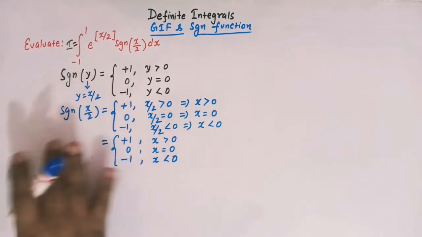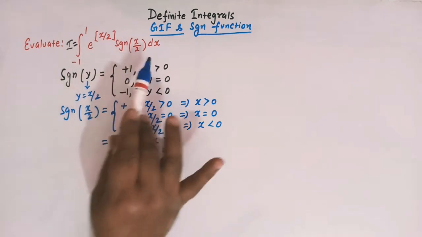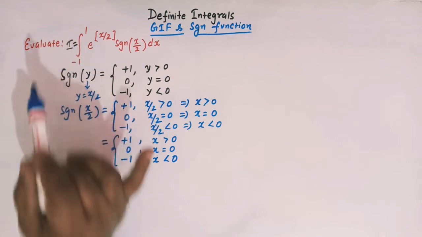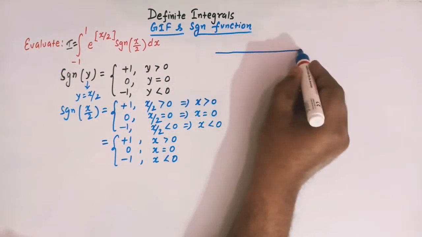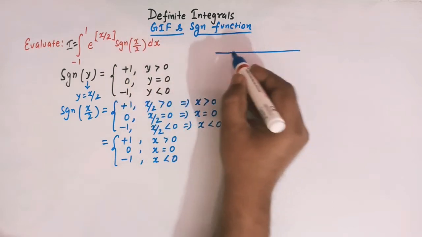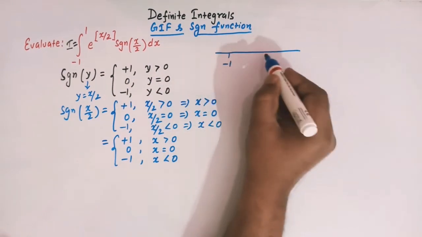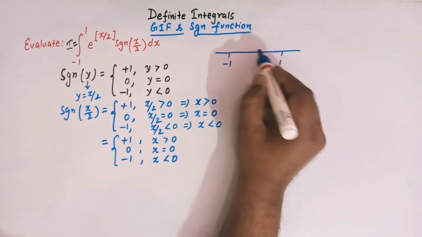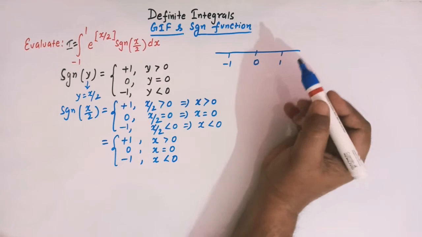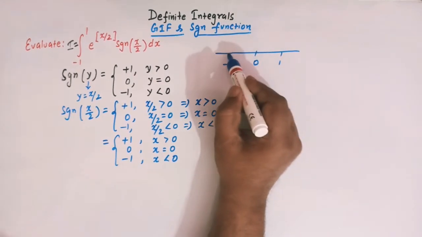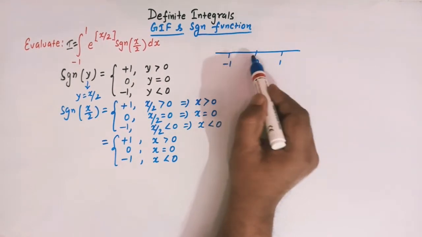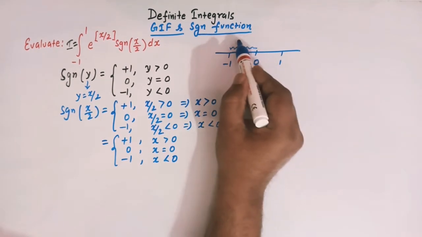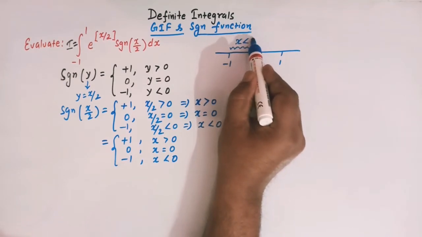Okay, so once we have defined this signum function, let us take care of the limits of integration, right? So here we have the limits, that is here we have -1 and here we have 1, right? And between -1 and 1 we have 0, right? Okay, so now we see that when we take this interval, that is -1 to 0, then x is always less than 0, right?